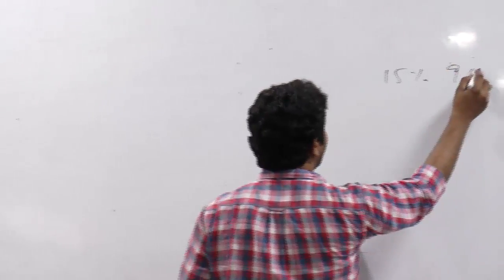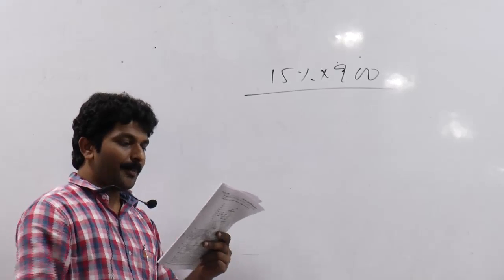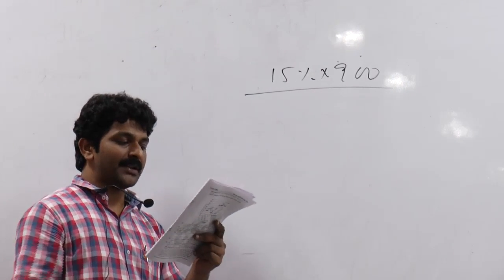Male employees in operations. In operations, what percent of male do we have? 15% of 900. These are male employees in our operations department. You need to calculate the percentage with respect to total employees in operations.